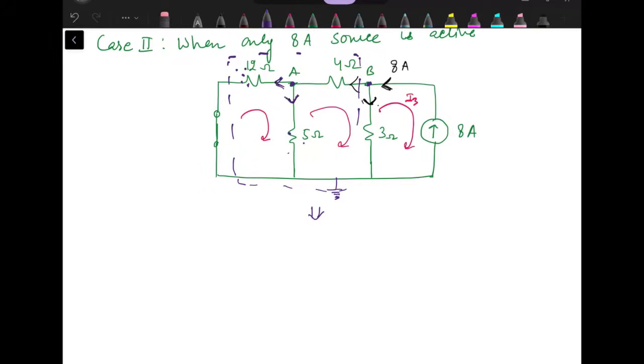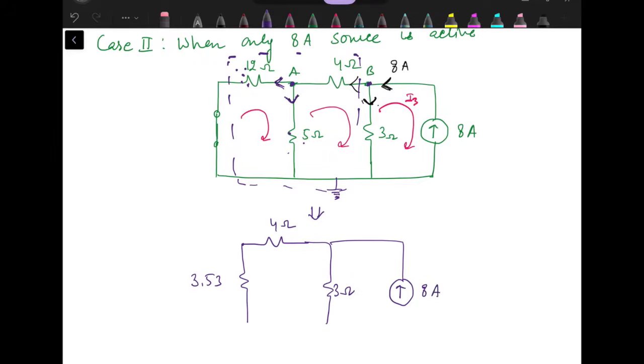So when current is getting divided over here, it means these two are in parallel. So if we solve their parallel combination, 12 in parallel with 5, then it comes out to be 3.53. And then we have 4 ohm resistance, 3 ohm resistance, and here we have 8 ampere current source.